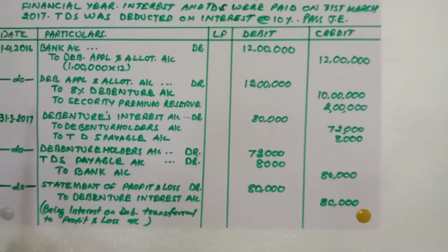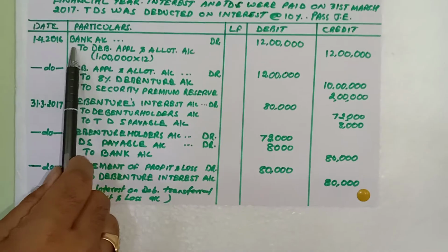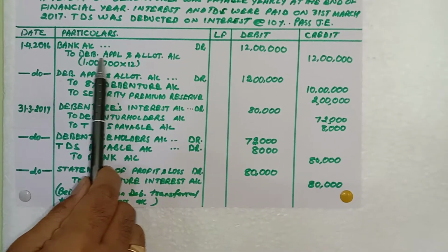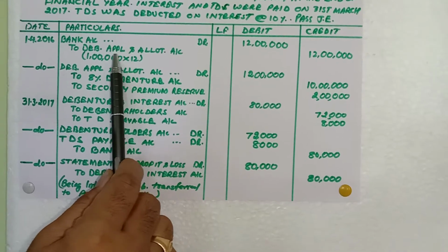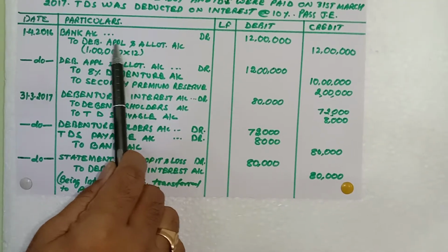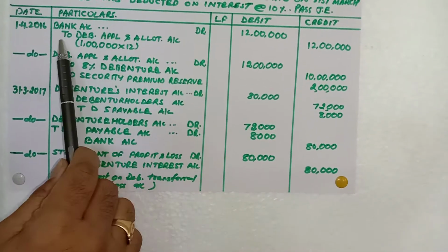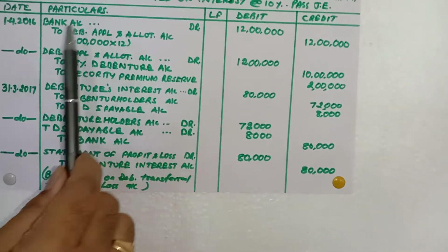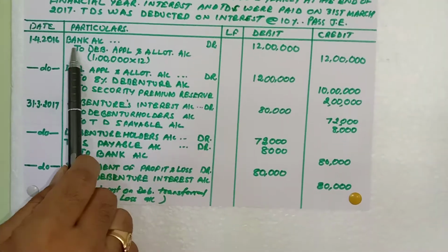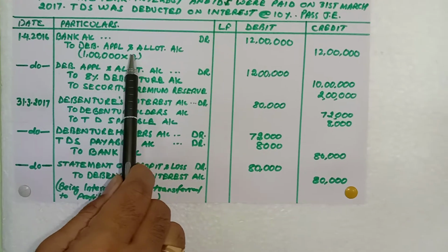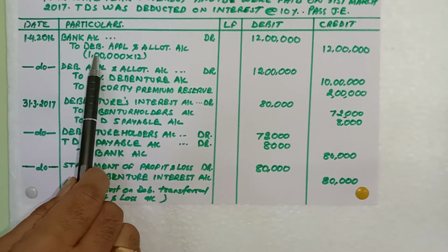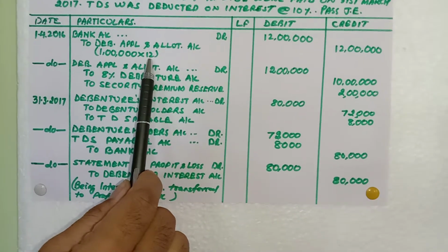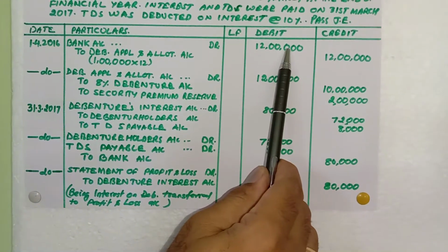Now the first journal entry, you can see bank account debit to debenture application and allotment. Since there are no subdivisions for application, allotment and call, you can write with the full value. So here bank account debit to debenture application and allotment, the number of debentures 1 lakh, total cost 12 rupees, so 12 lakhs is here.